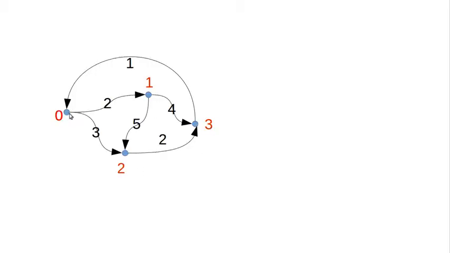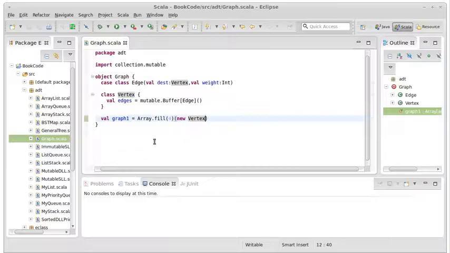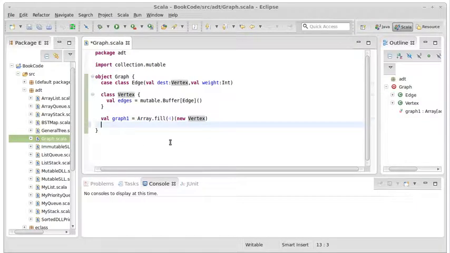add these edges so that 0 has edges going to 1 and 2 with weights of 2 and 3 respectively, etc. So just to show what that would look like, graph 1 sub 0 dot edges plus equals an edge that goes to graph 1 sub 1, because the type needs to match, it's actually a vertex, with weight 2.